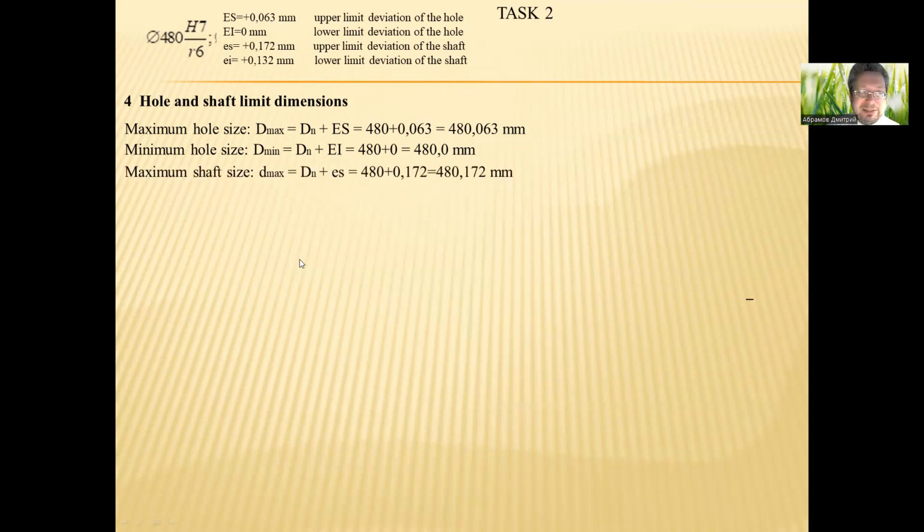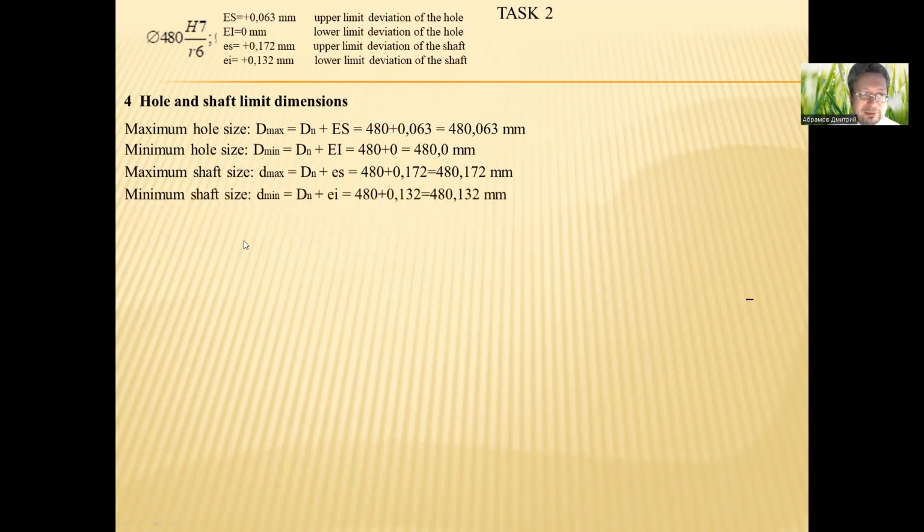Maximum shaft size, small d maximum, is equal nominal diameter plus upper limit deviation of the shaft. And it's equal 480 plus 0.172, and we have 480.172 millimeters.